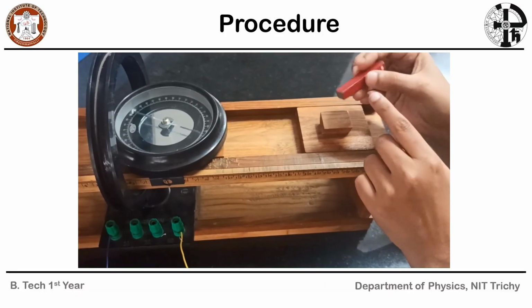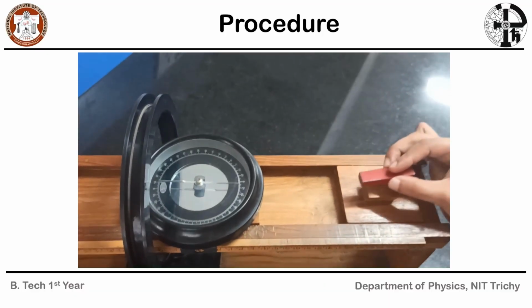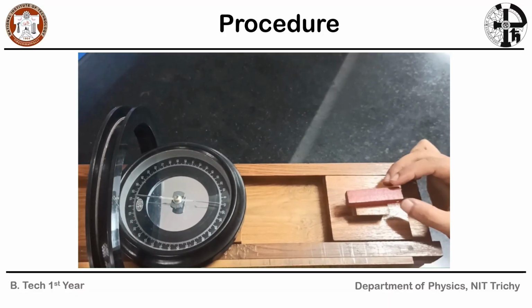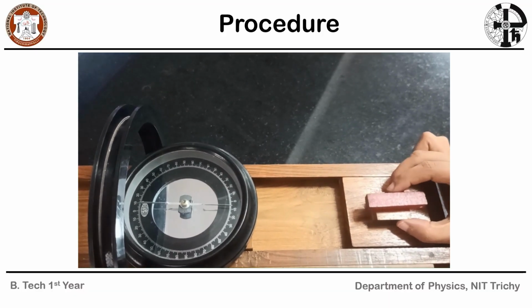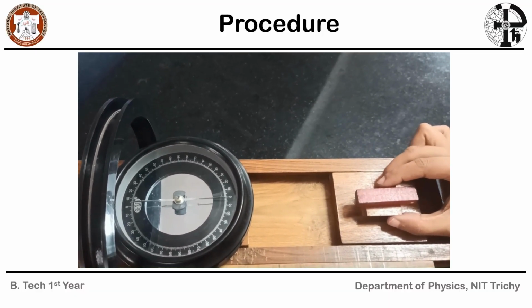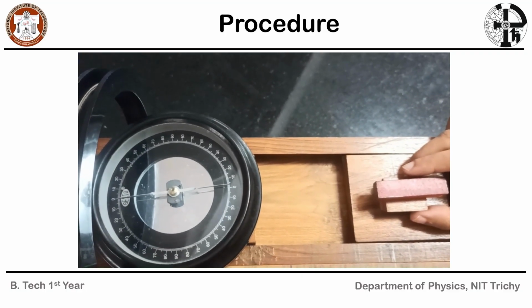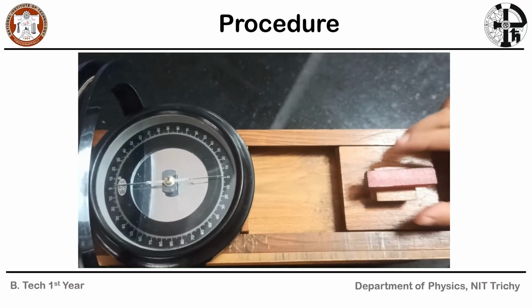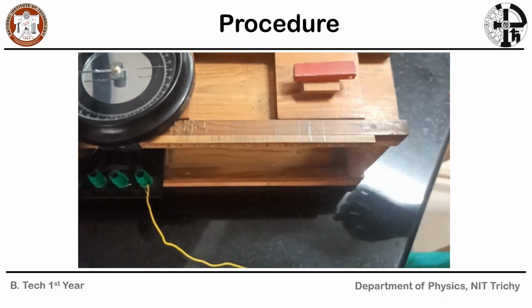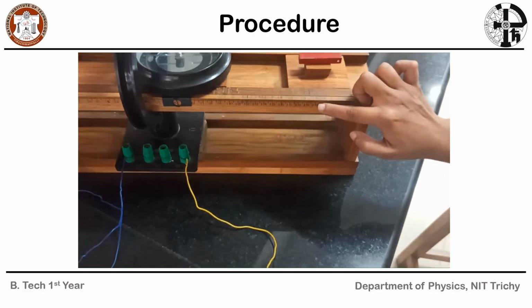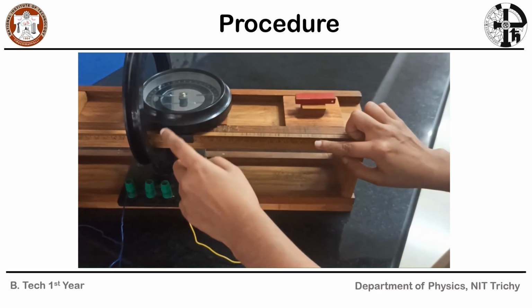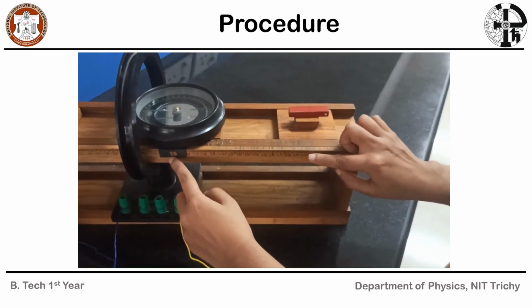This time, we will reverse the polarity of the bar magnet and again adjust its position so that it creates 0 deflection. And like before, we will measure the distance between x and the center of the bar magnet as d2.